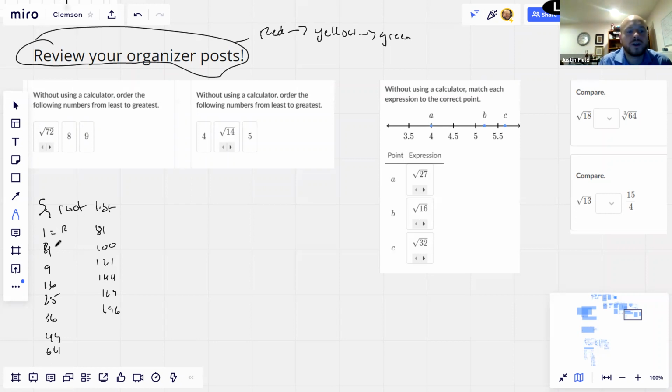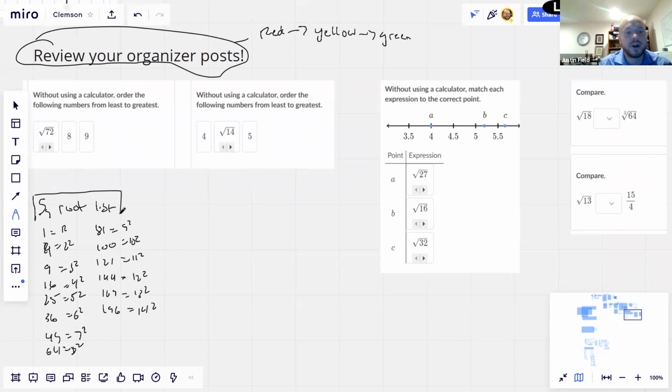So this is 1 squared, 2 squared, 3 squared, 4 squared, 5 squared, 6 squared, 7 squared, 8 squared. I think you get it, right? You can fast forward me. That's what I would sound like. And 14 squared.